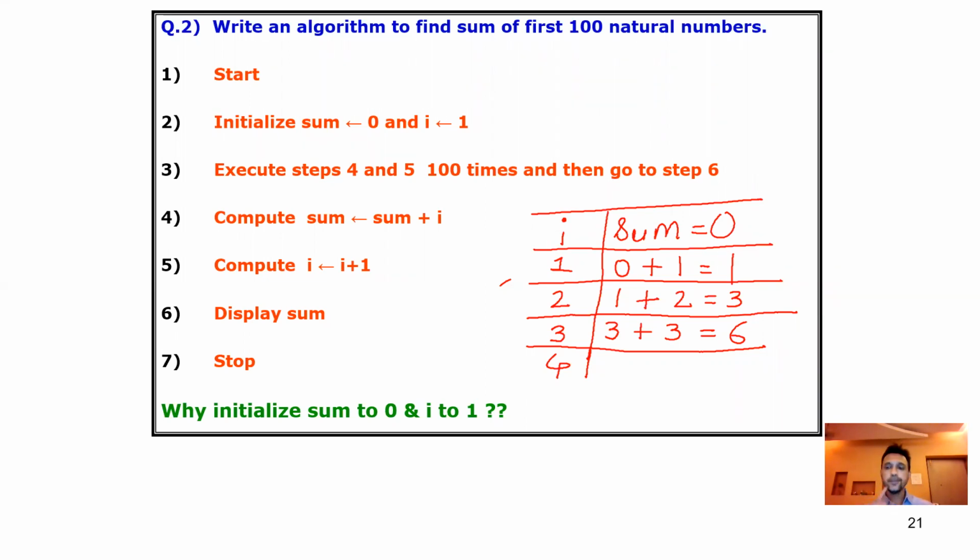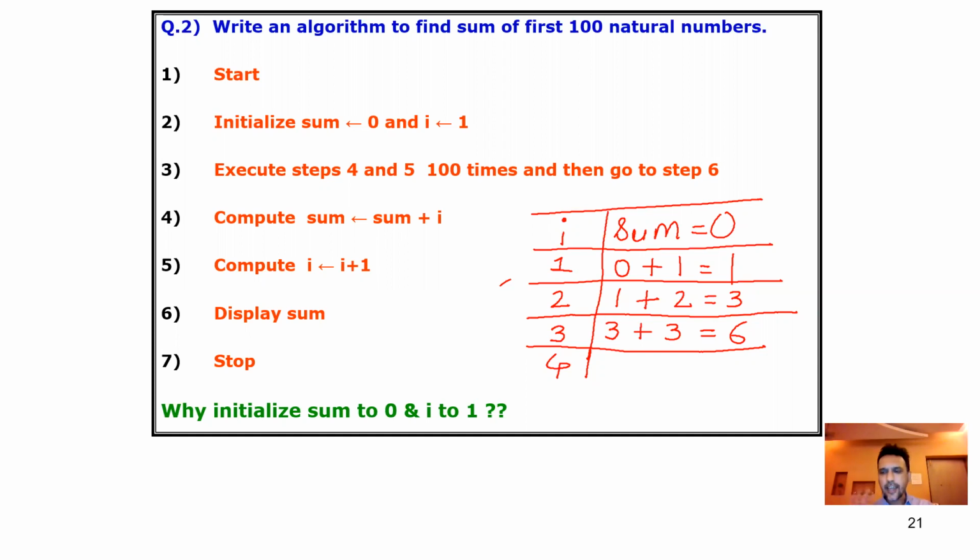So tell me, which is the first natural number? 1. Second natural number? 2. Third natural number? 3. If you look at this column a little carefully, you will realize I is taking the natural numbers one by one. Initially I was 1, then 2, then 3, then 4, and so on. Because natural numbers start with 1, that is why I was initialized to 1. That is the simple answer.